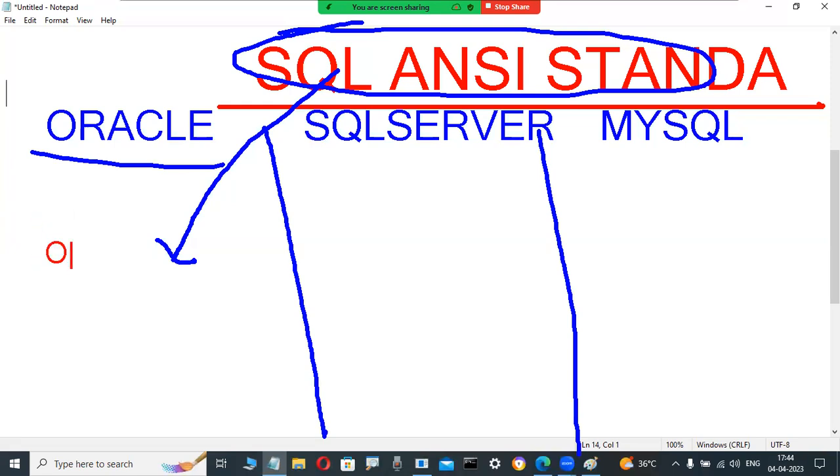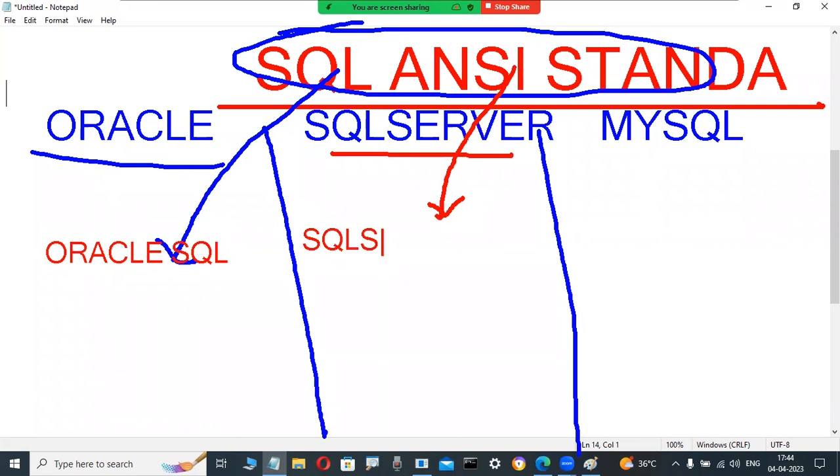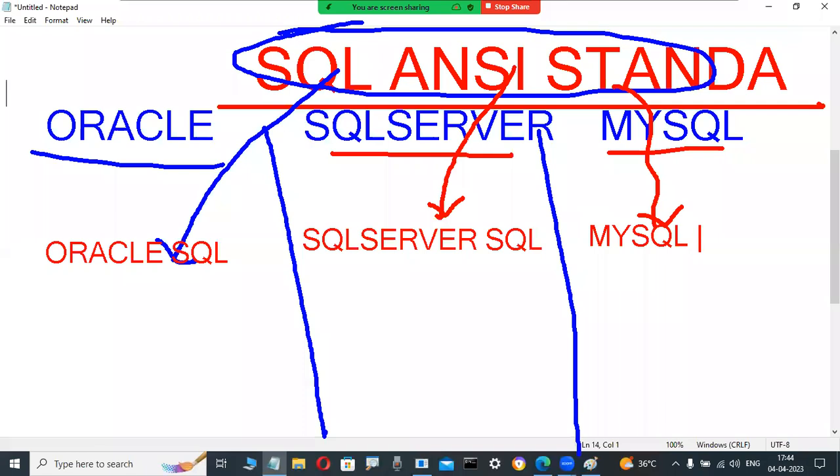Many fellows don't know this. Microsoft created their own SQL language from the ANSI standard SQL, called SQL Server SQL. Again, MySQL created their own SQL, called MySQL SQL.